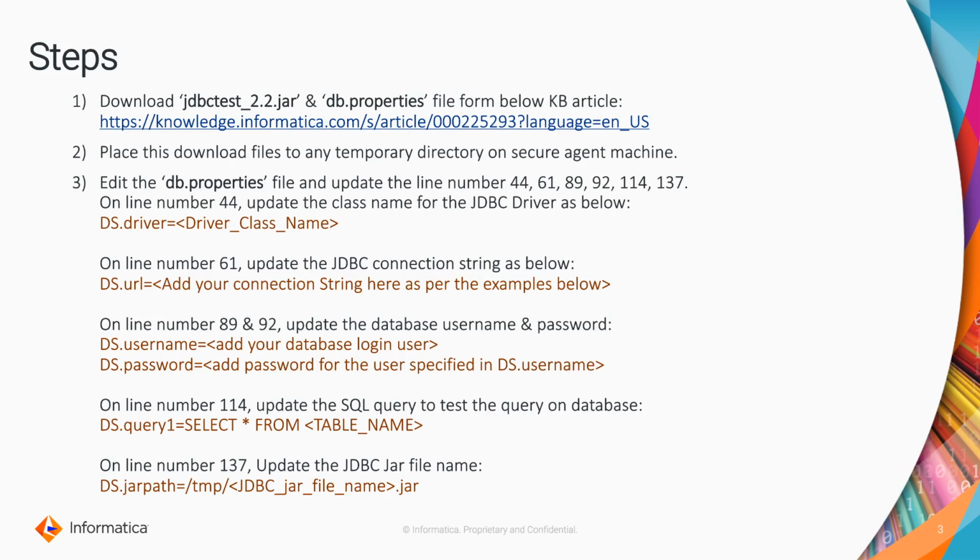On line number 61, update the JDBC connection string. On line numbers 89 and 92, update the database name and the username for connecting to that database. On line number 144, update the SQL query to test on the database. You can update any query. In my case, I'm just performing select star from table name. And under line number 137, update the JDBC jar file name for which you are performing the test connection.